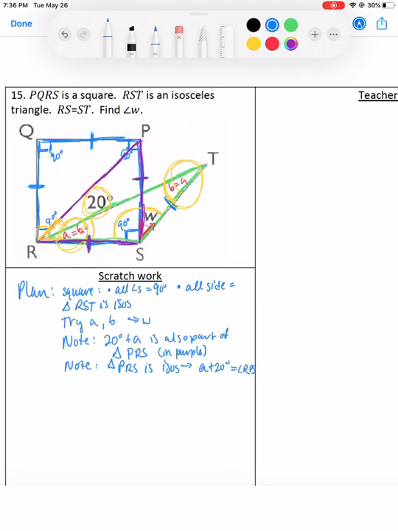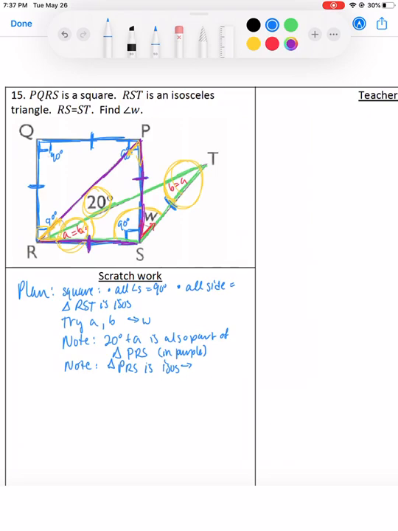Let me say that again. I'm going to say that this yellow angle and this yellow angle make up the base angles of that purple triangle. Now, what are the letters associated with that?